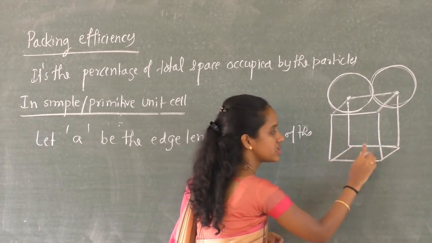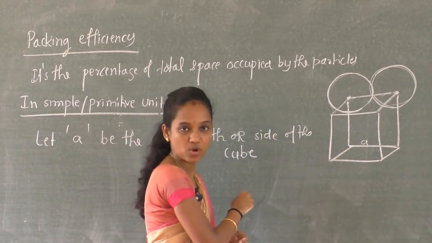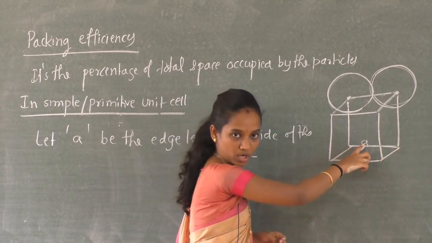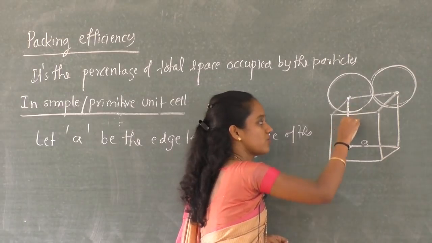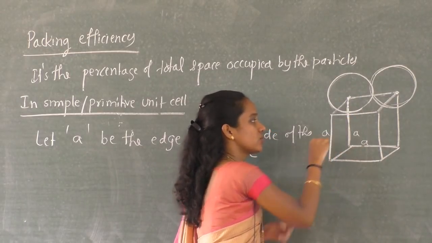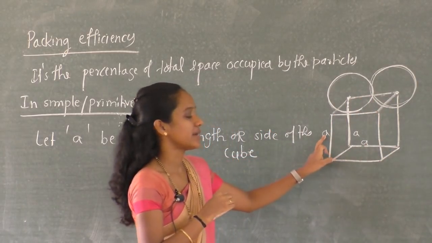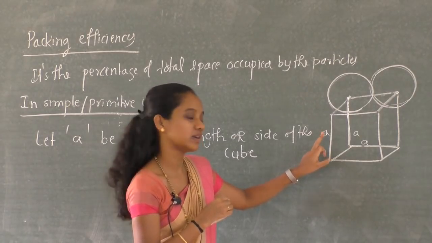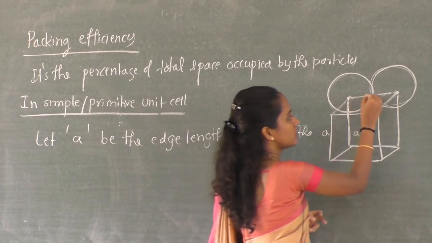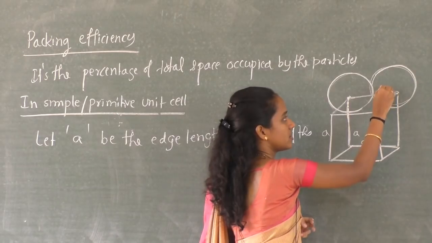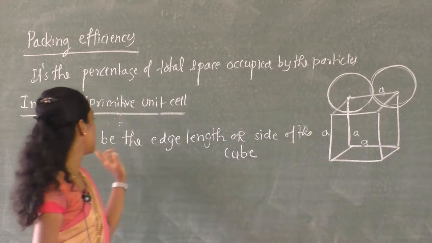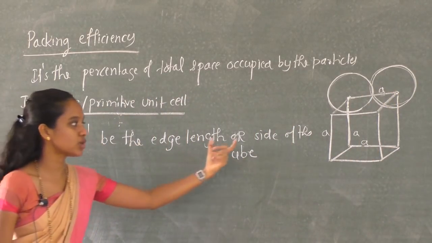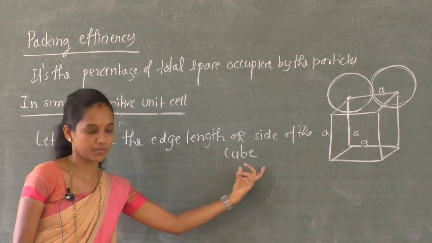This is one edge, its length is A, small letter A can be represented by small letter E, and this is also one more edge, it is A. So all the 12 edges are represented by the letter A. So here also this is the edge length. So let A be the edge length or side of the cube.